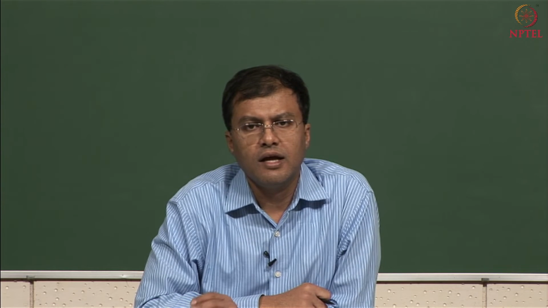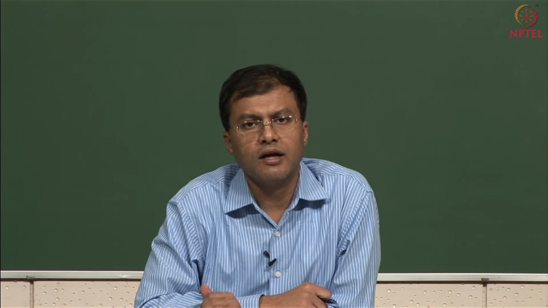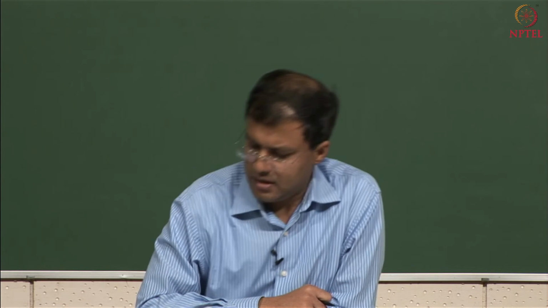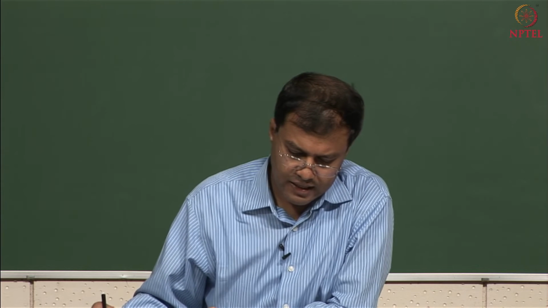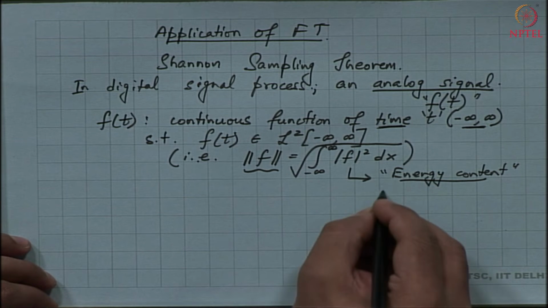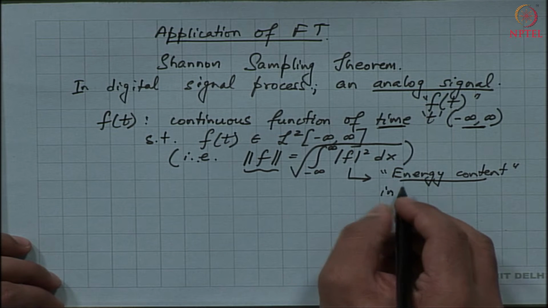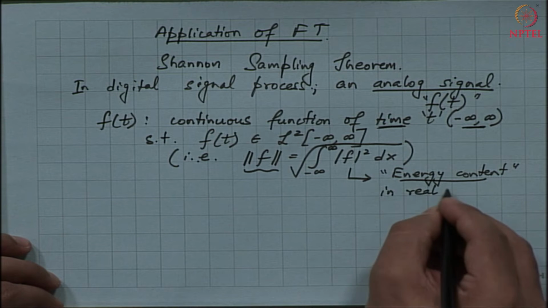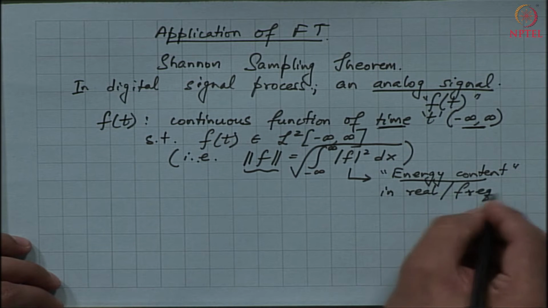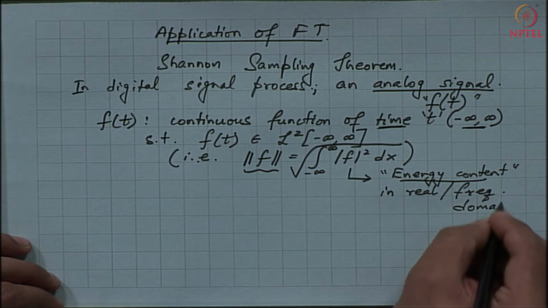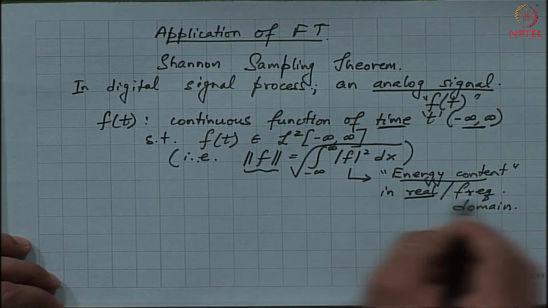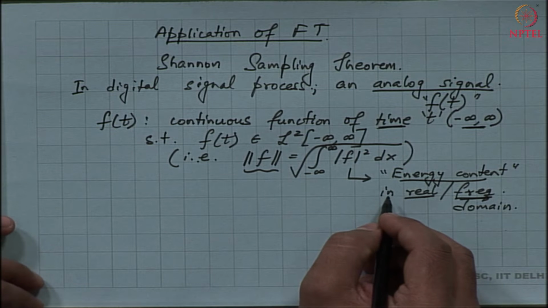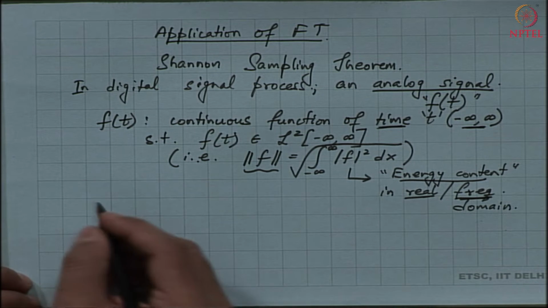So, we find the norm of this function, and that gives us the total energy content of the signals that are being transferred. Okay. So, that is what I mean by this energy content. It could be in either the real or the frequency domain, right. Why? Because they are the same in the real and the frequency domain because of the Parseval theorem that we had proved earlier.